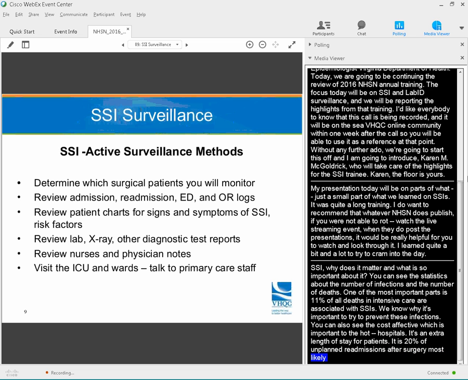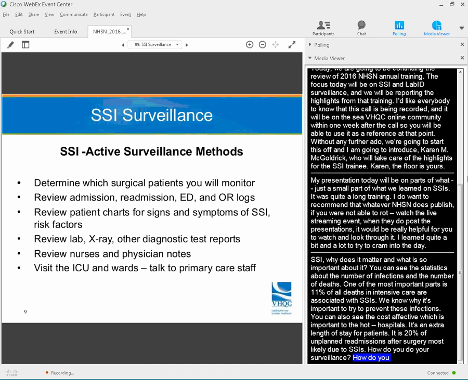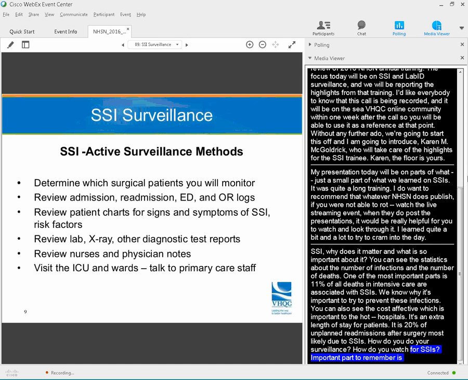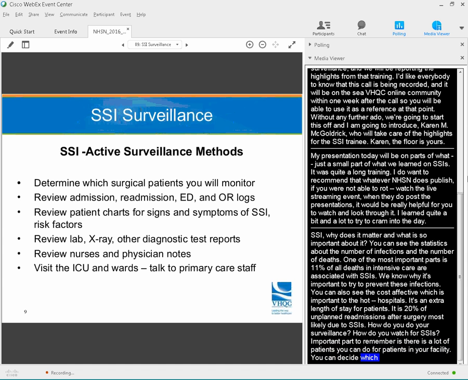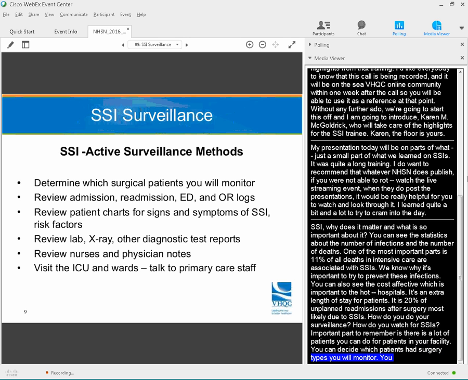So how do you do your surveillance? How do you watch for SSIs? The important part is to remember there's a lot of things you can do for your patients that are still active in your facility. You can decide which patients and which surgery types you're going to be monitoring. Then you want to look for signs of infections in some of your patients. Read through your admissions, your readmissions, your ED notes, your OR logs.